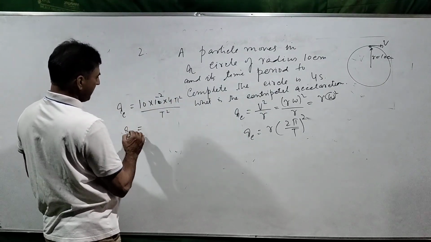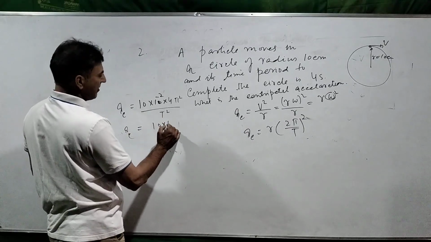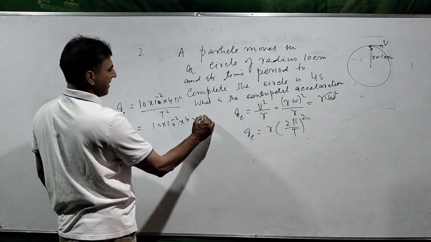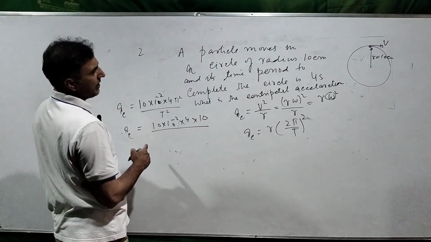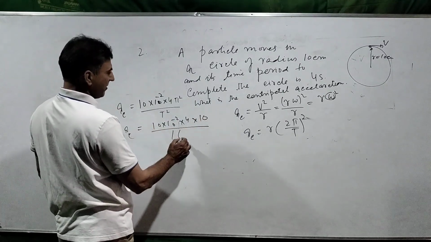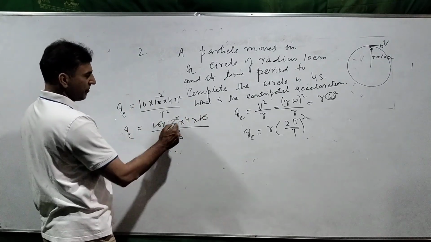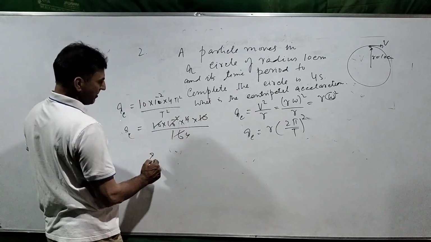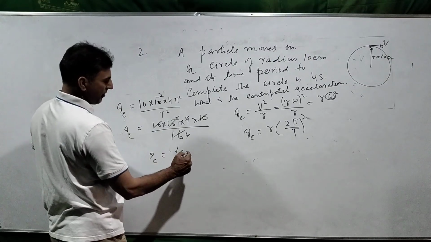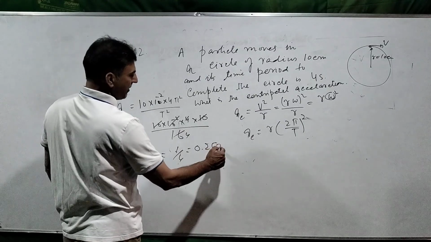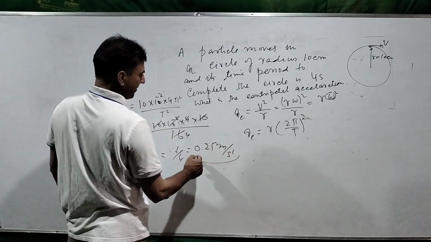It is 10 into 10 raised to power minus 2 into 4, pi square is 10 again, divided by T square, which is 16. The 10 cancels off, it is 4. So a_c is equal to 1 by 4, that is 0.25 meter per second square.